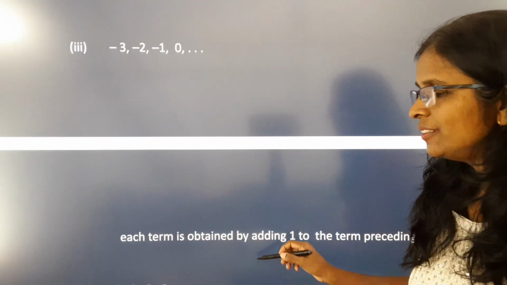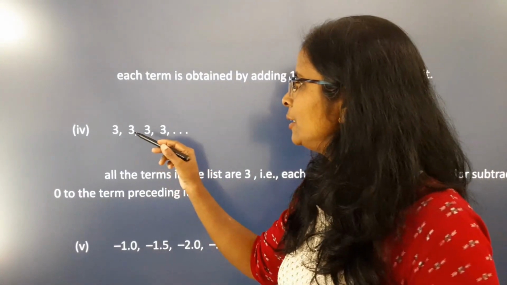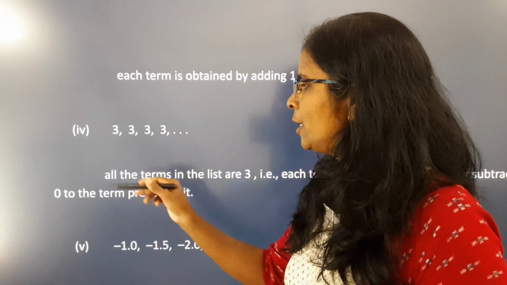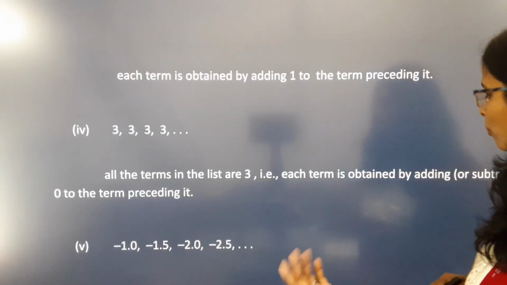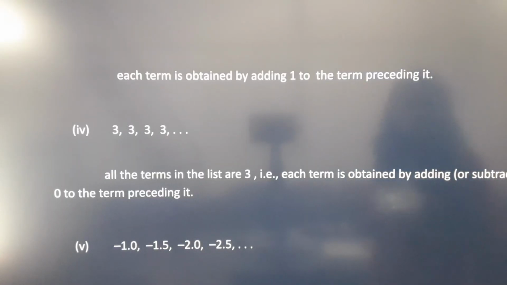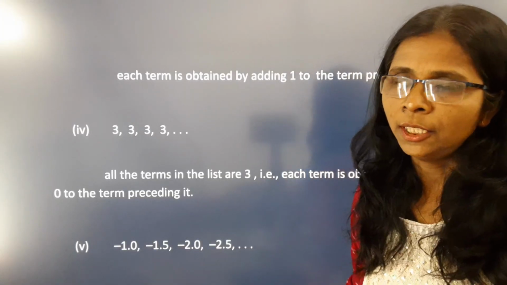Now the fourth example, very easy: 3, 3, 3, 3. Here all the terms in the list are 3, and each term is obtained by adding or subtracting 0 to the term preceding it.